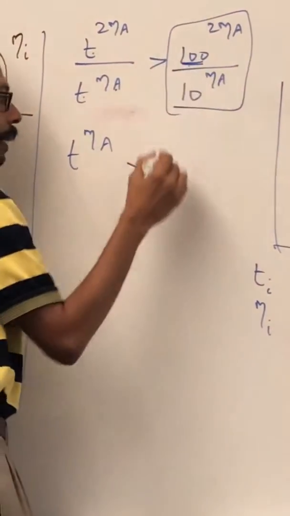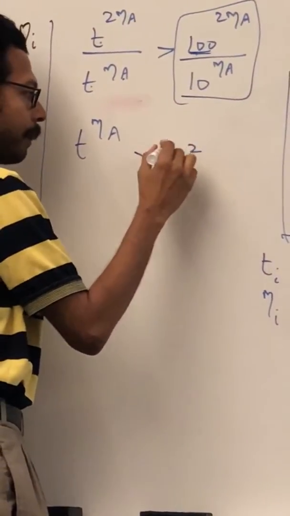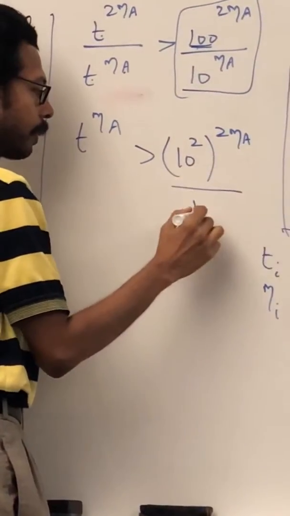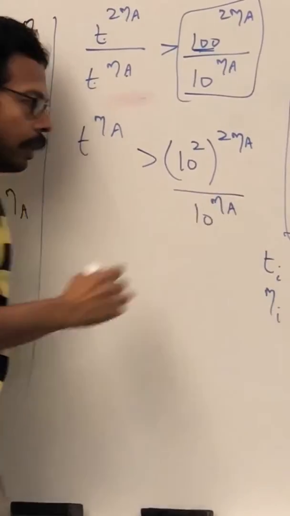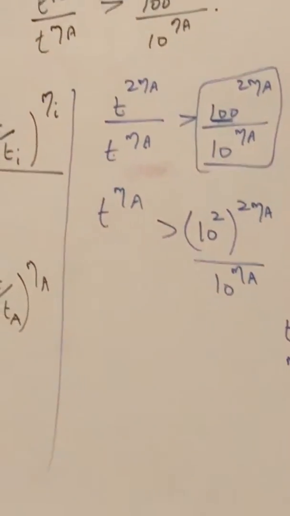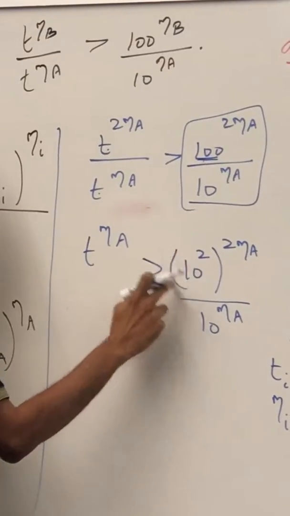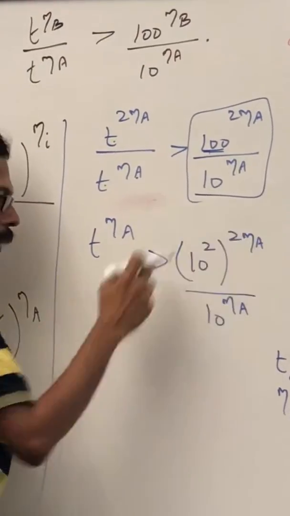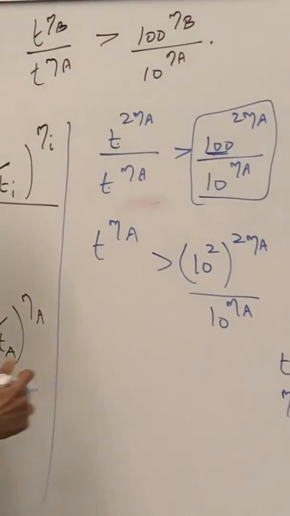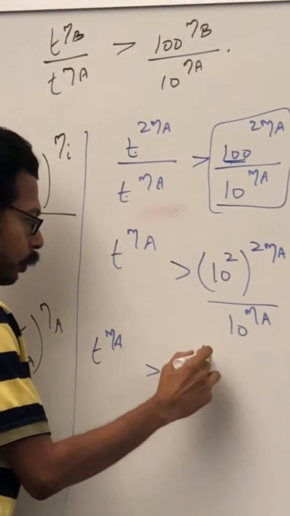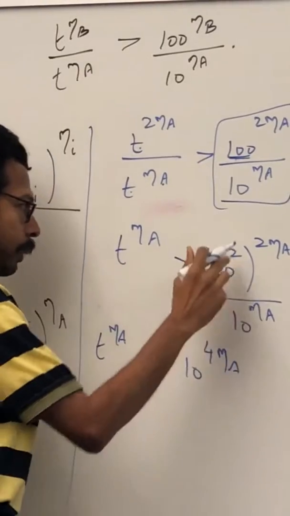So 100 can be written as 10 squared. Once you write it as 10 squared, you have 10 squared raised to 2 eta A. That means it is 10 raised to 4 eta A. It's like 2 times 2.